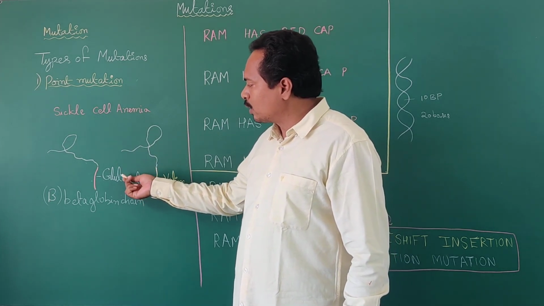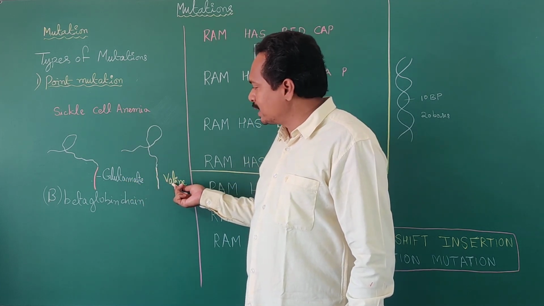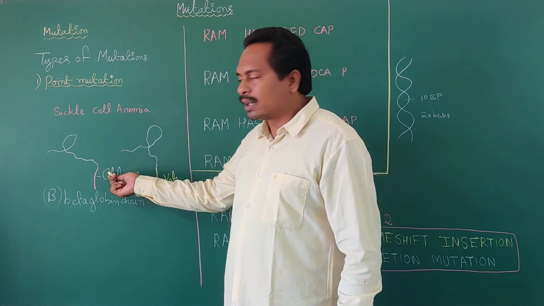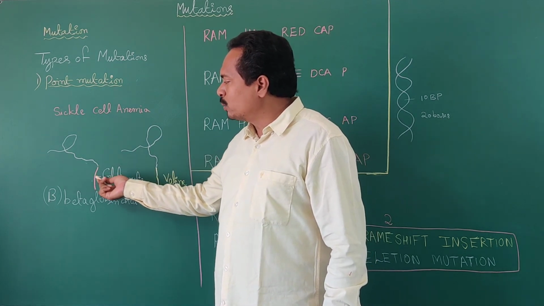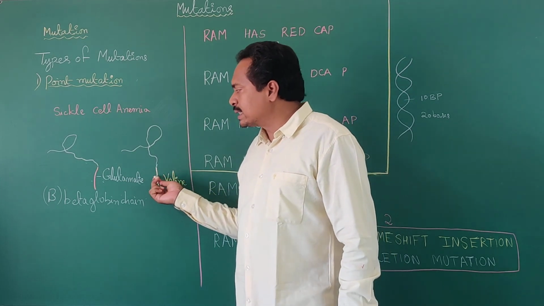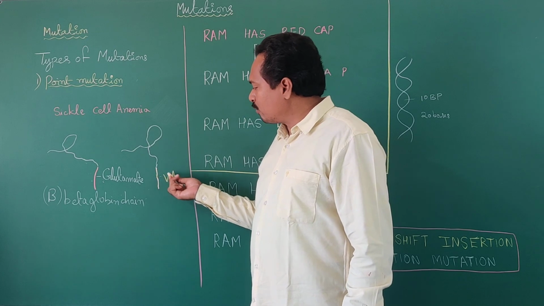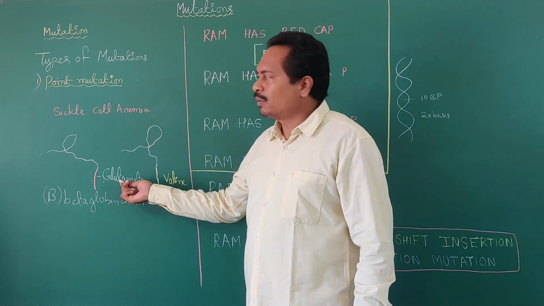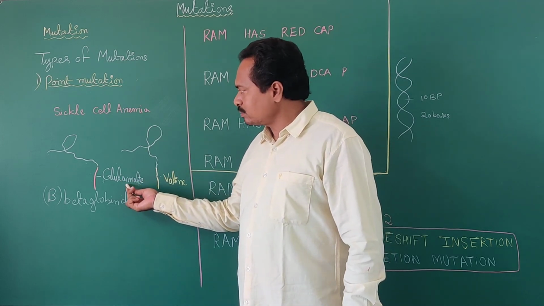Instead of the glutamate amino acid, the valine amino acid is formed. Normal blood cells have the glutamate amino acid in the beta globin chain, whereas in sickle shaped blood cells, the beta globin chain consists of valine instead of glutamate. Okay? Is it clear?